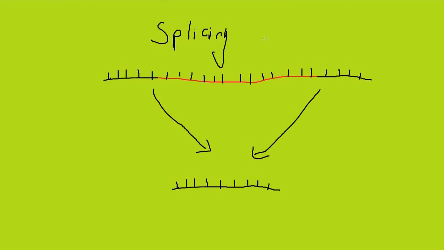Splicing is the second stage of mRNA synthesis. This is the conversion of pre-mRNA into full-blown mRNA. Now this is essentially taking the introns out of the pre-mRNA molecule. You should know from Unit 2 that DNA consists of introns, non-coding DNA, and exons, coding DNA.